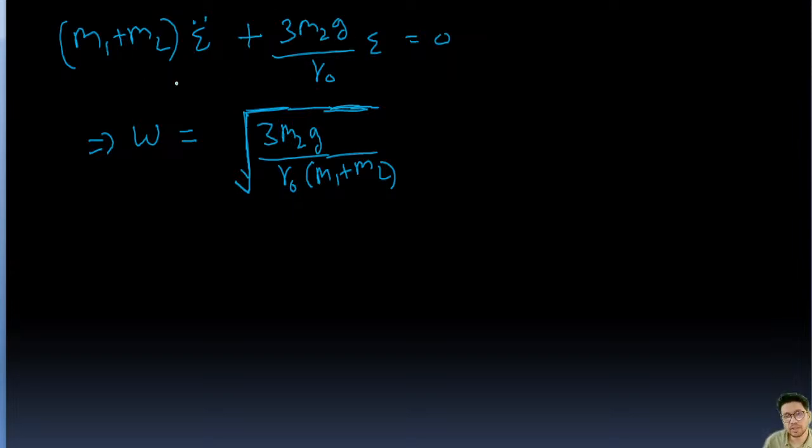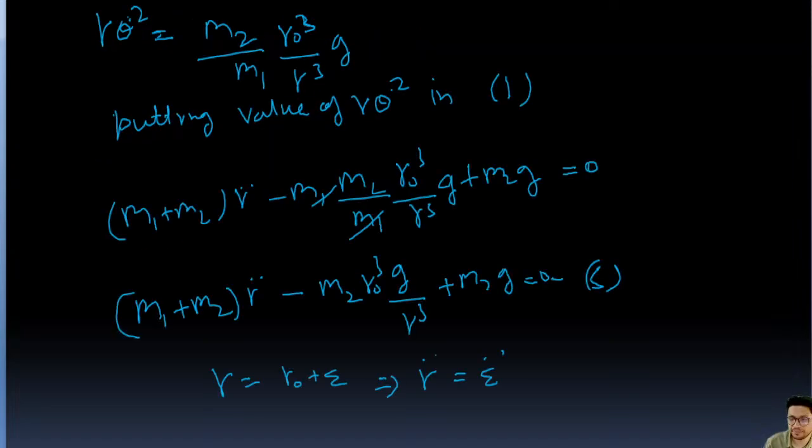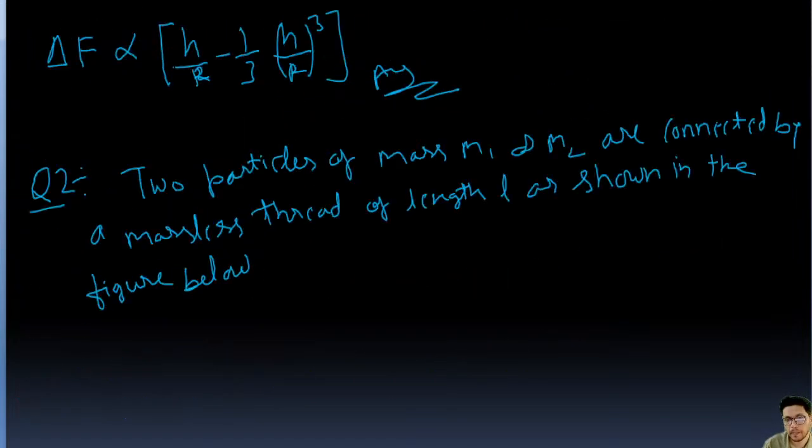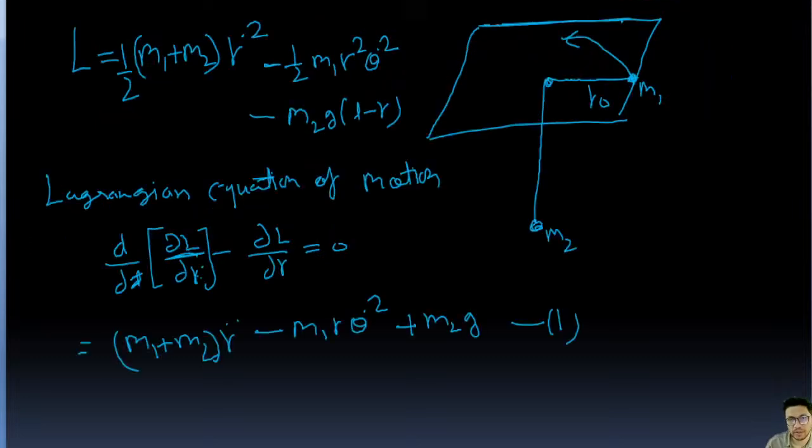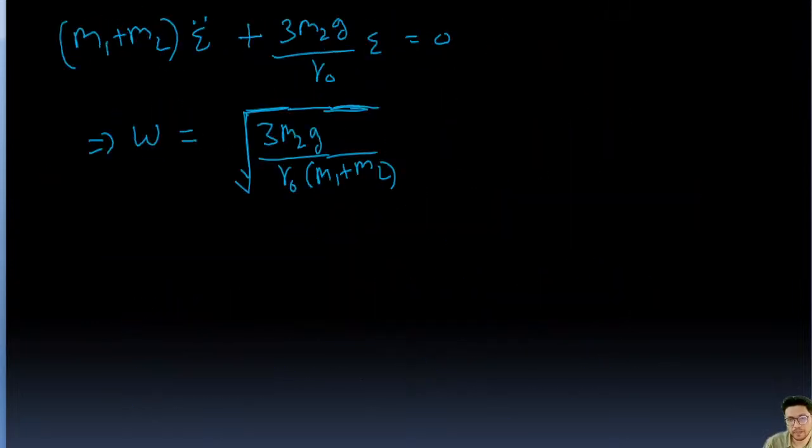If the equation is in this form, then we can directly find omega: coefficient of epsilon upon coefficient of epsilon double dot. Which option is matching? Let me check. Option D is matching, right? Option D is right. So this is the answer: 3m2g upon r naught m1 plus m2.